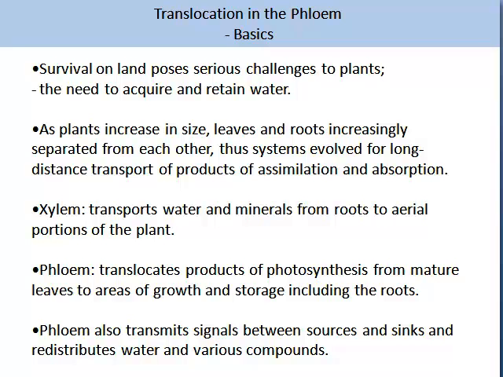The xylem transports water and minerals from the roots to the aerial portions of the plant, while the phloem has a different function. It transports products of photosynthesis from mature leaves to areas of growth and storage, including the roots. Phloem also transmits signals between sources and sinks, and redistributes water and various compounds.